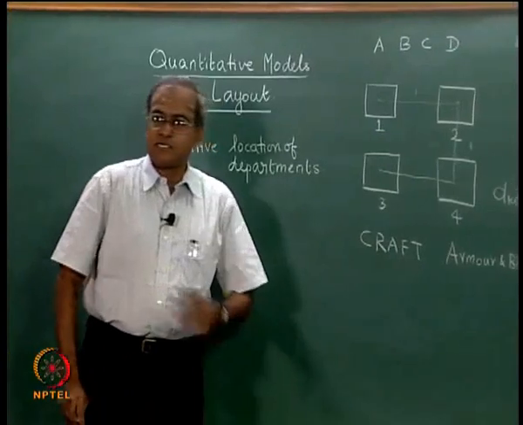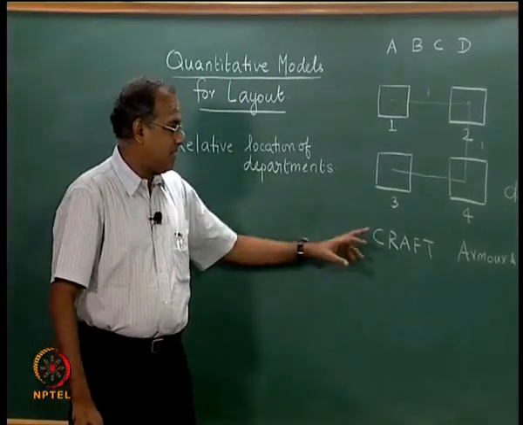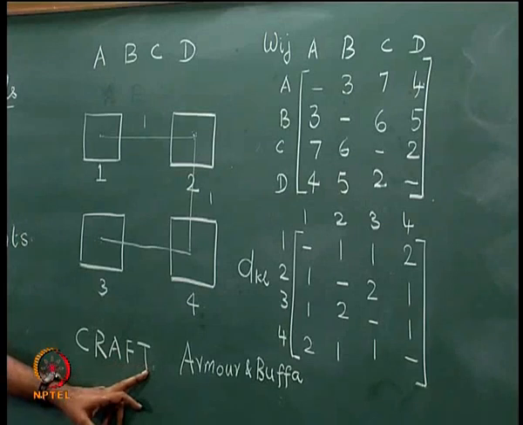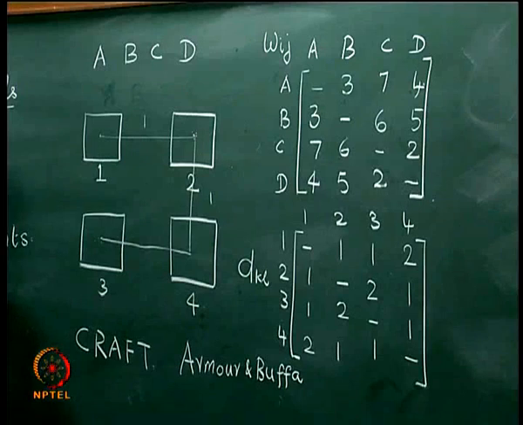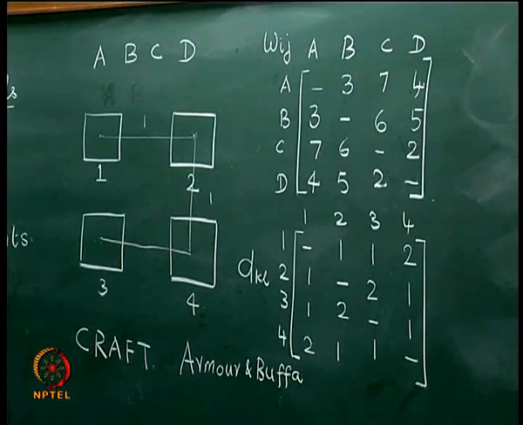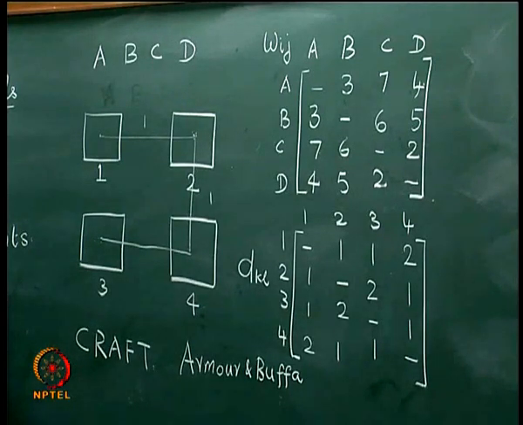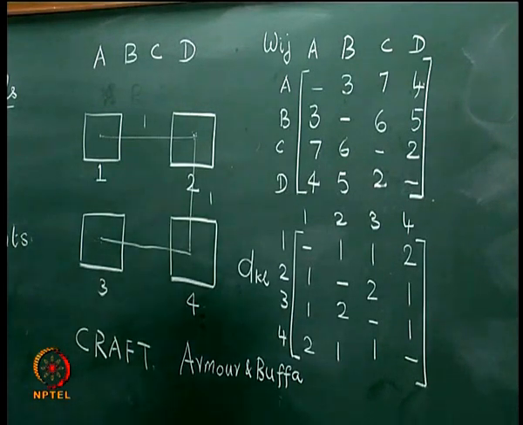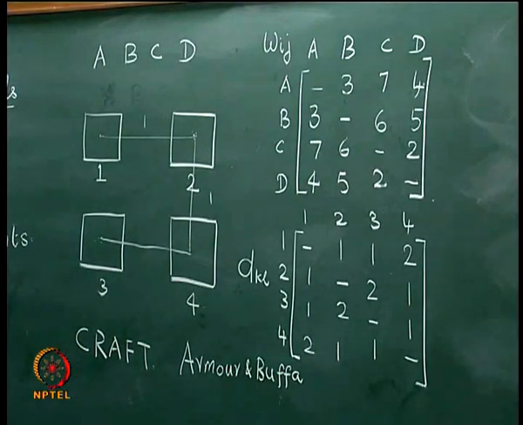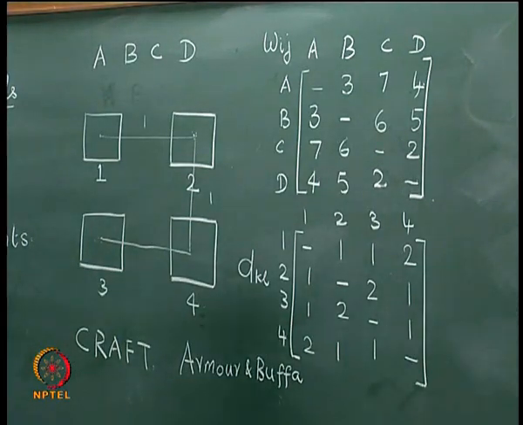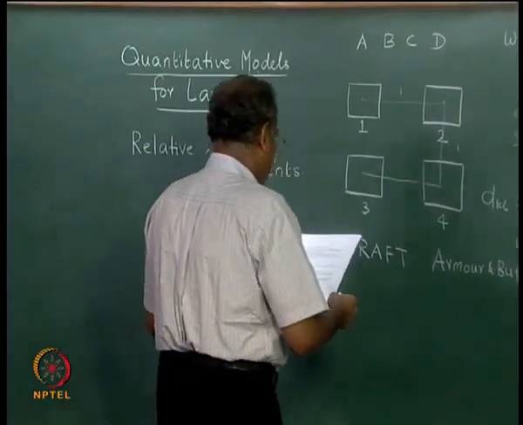CRAFT stands for computerized relative allocation of facilities technique, and it is a method by which we also bring in the areas of the various departments and then try to optimize the ton kilometer or material distance in a layout. So, let us explain the CRAFT algorithm through an example.